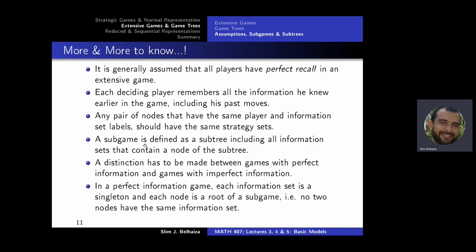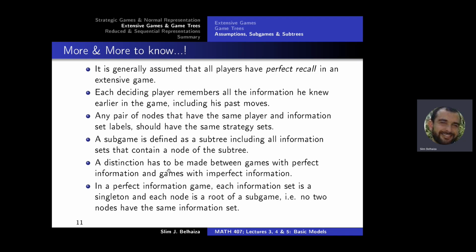So how is a subgame defined? It's defined as a subtree, including all information sets that contain a node of the subtree. Okay, we'll go back to this in the fourth set of slides we cover in this course, in detail, when we try to find equilibria for extensive form games.